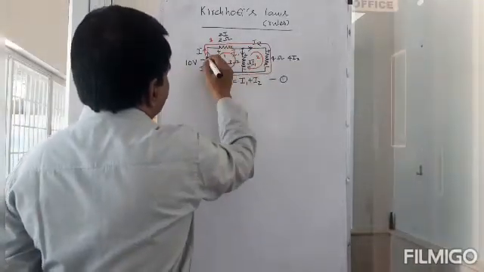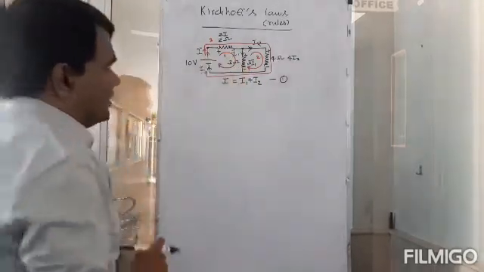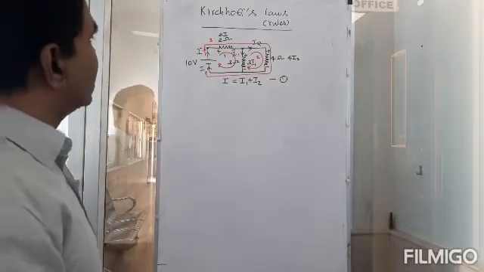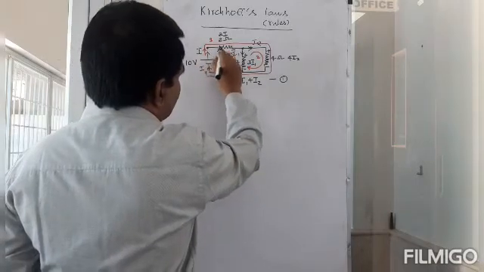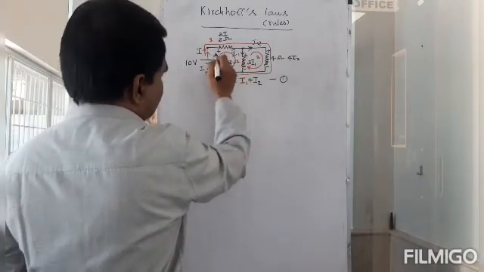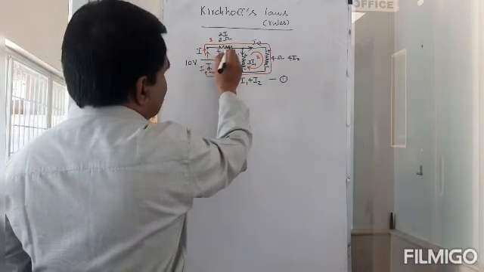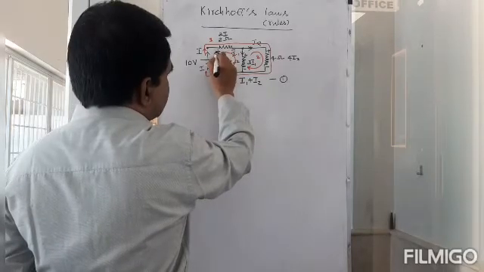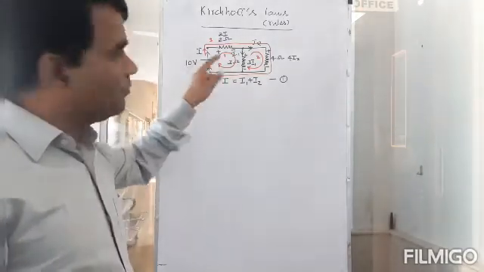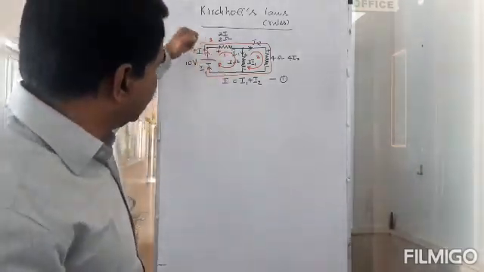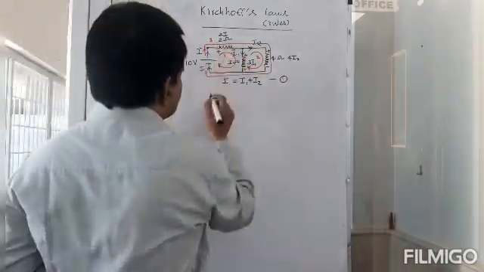So let's say I'll start from this point. I will do this and then I'll come back to the same position. Okay, I'm going to go this way, clockwise. When I do the clockwise thing, look at this point. I'm entering this resistor at a positive potential. As I traverse, I enter it at the positive potential, so I say it's positive.